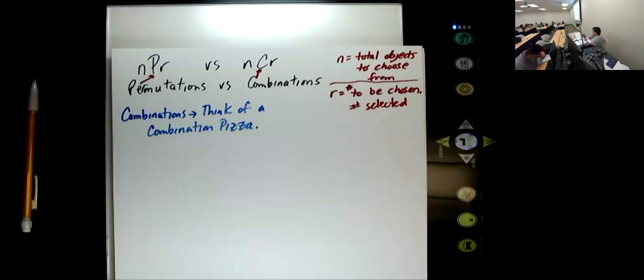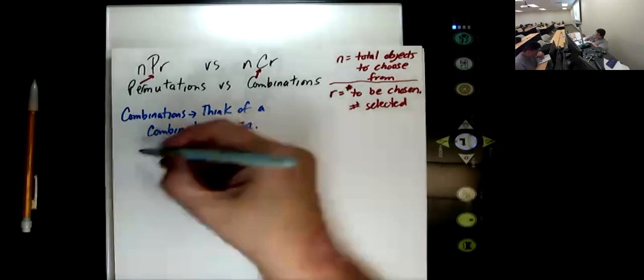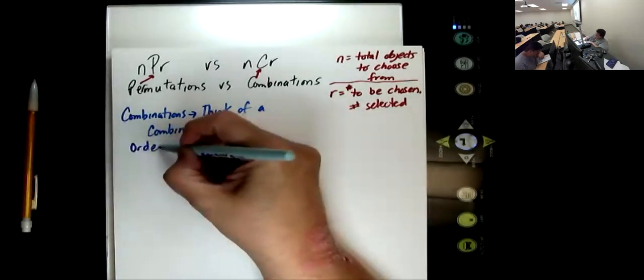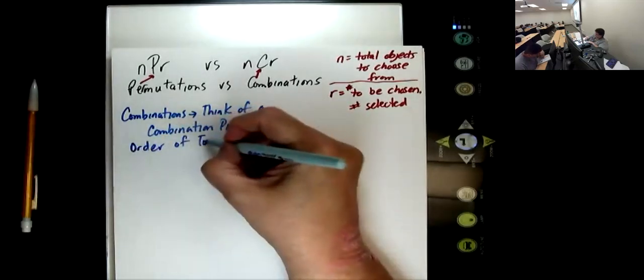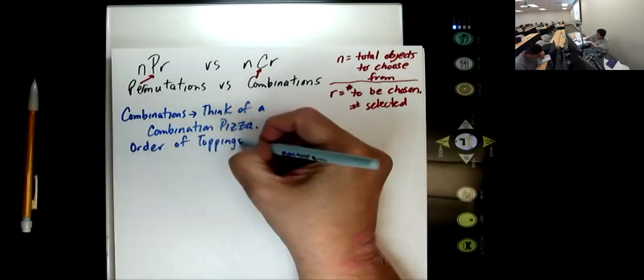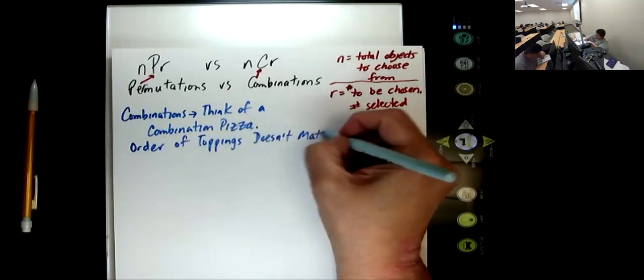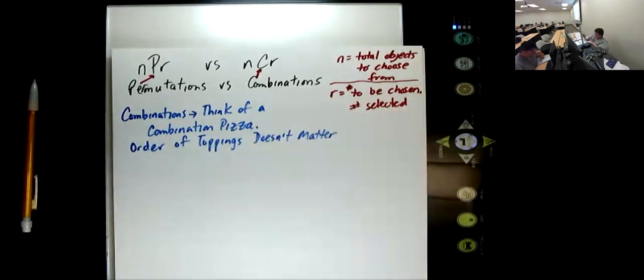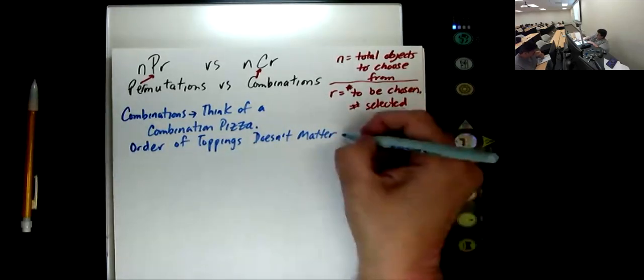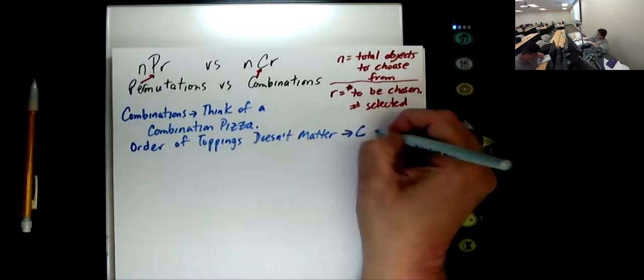A lot of places put cheese next, but that's not necessarily a requirement either. You could put cheese last. You've got pepperoni, bell peppers, onions. It doesn't matter which topping you put down first. The order of the toppings doesn't matter. So that's what goes with C, combinations.